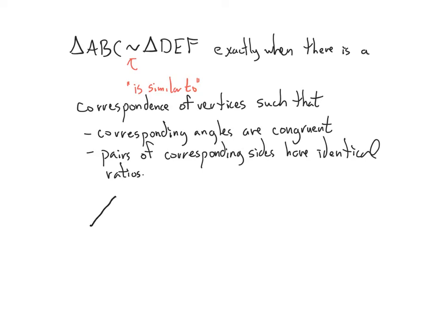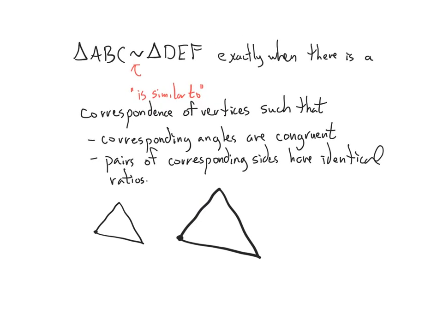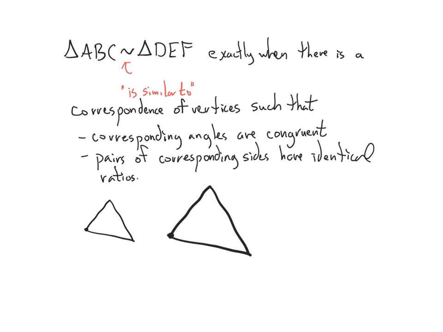So again, here's triangle ABC. I'll label these in a second. I just want to make a copy of this and make it a bit bigger. So here is A, B, C. Here's D, E, F. Well, you saw what happened.